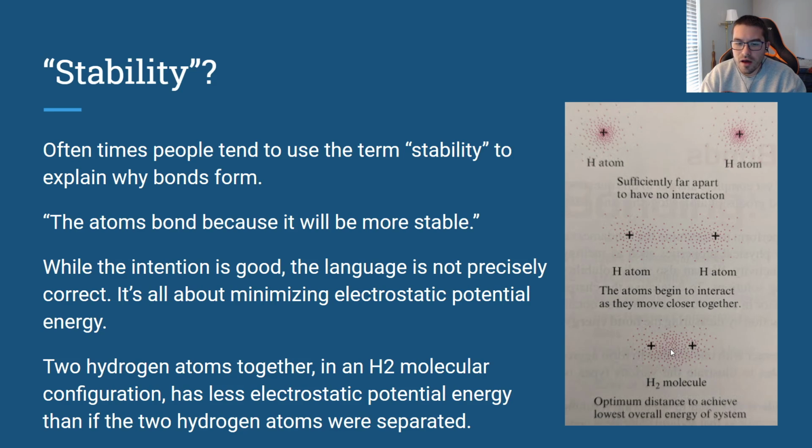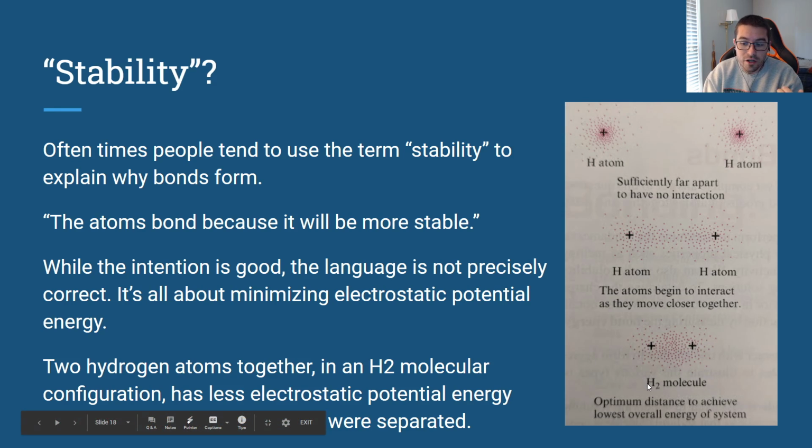The bond is not some sort of special structure that forms. The bond is literally just the electrons arranging themselves in a way where they're in between the nuclei, and you would have to put in some work to separate them, because they're in a lower energy state. They're in a state of lower electrostatic potential energy while the two hydrogen atoms are in this configuration.